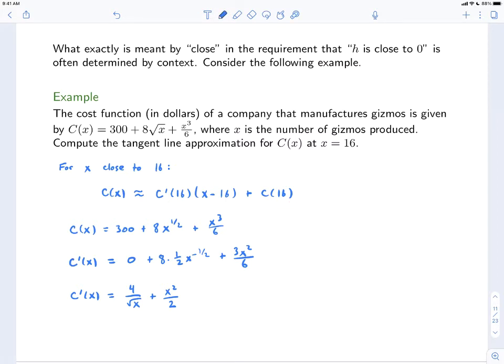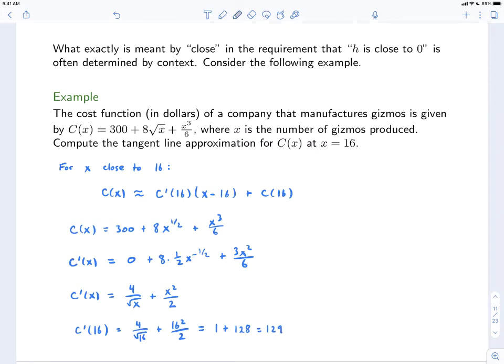So we can compute c prime of 16 right now. c prime of 16 is 4 over the square root of 16 plus 16 squared over 2. The square root of 16 is 4, so the first term is 4 over 4 is 1, plus 16 squared over 2 is 128. So the derivative of c at 16 is 129.